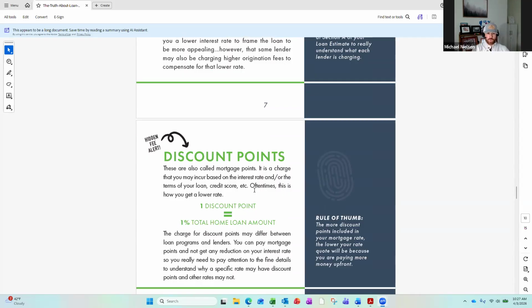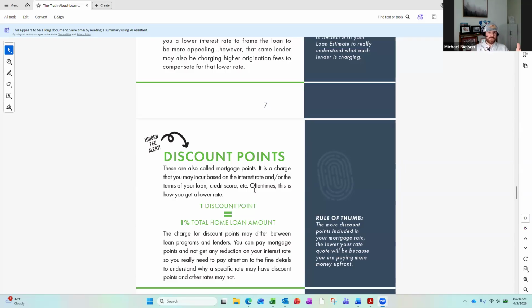Now, why is the APR important? The APR can show you how expensive a mortgage is, right? For example, a 30-year fixed mortgage with, let's say, a 6.5% interest rate for a conventional loan, right? With 20% down, so no mortgage insurance, no discount points, and let's say decently favorable closing costs from a lender.